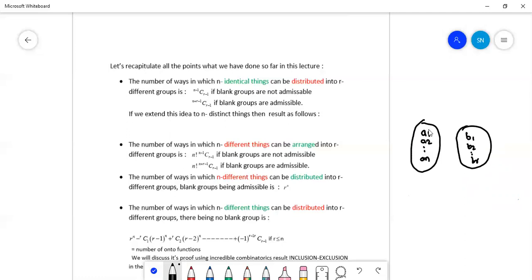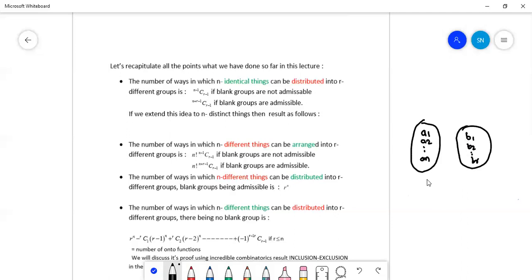Suppose all elements are mapped to b1. Can it be done? Yes, it can be. So blank groups are admissible. So when blank groups are admissible, then all can go to b1 also. So some elements of n will go to b1, some will go to b2, others will go to b3.